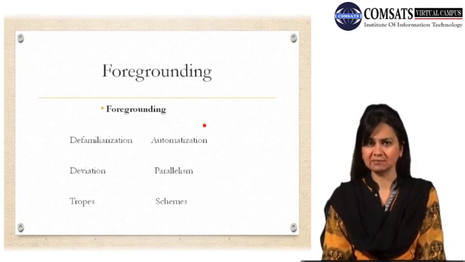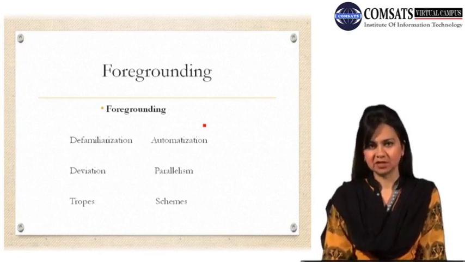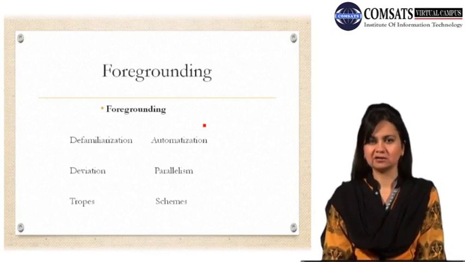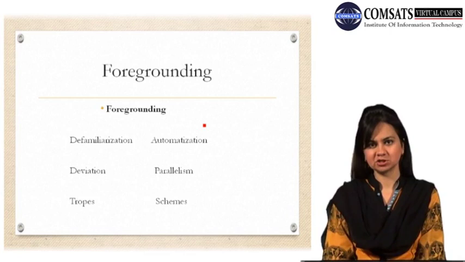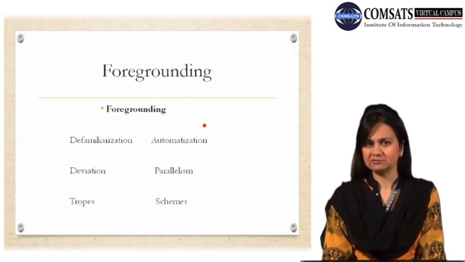Now, foregrounding is an umbrella term that encompasses two modes or ways of bringing something in the text to the foreground. Either it can be done by breaking the rules with the help of defamiliarization or deviation, which makes use of literary devices that come under the heading of tropes.